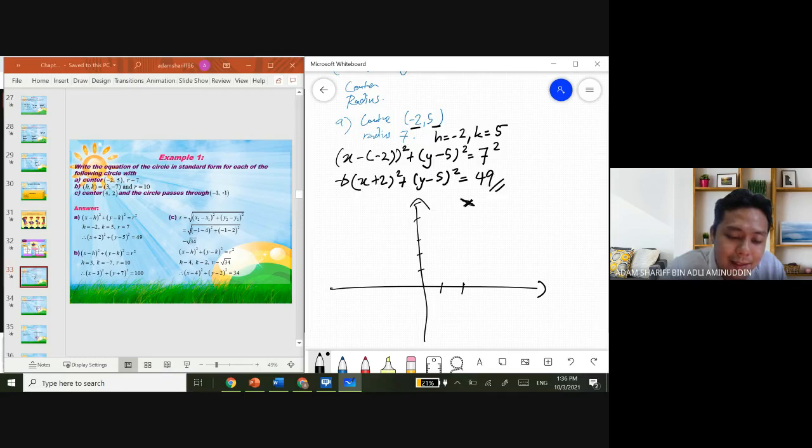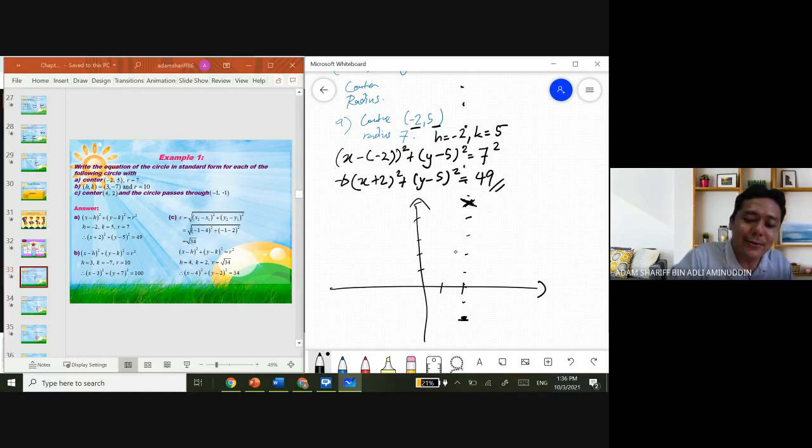Katakan center kat sini. And the radius is 7. Jadi, manakah dia punya ujung dia? So, 1, 2, 3, 4, 5, 6, 7. Sini salah satu ujung dia.